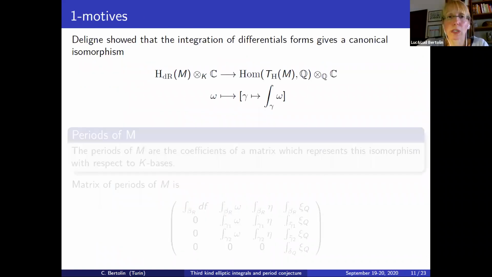Deligne showed this is a general fact. It is not true only for one motive. It is true for a projective variety in general.